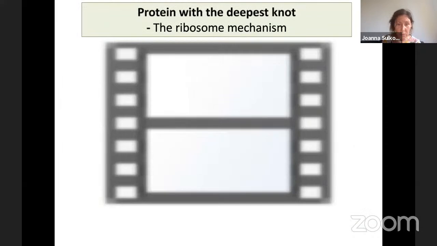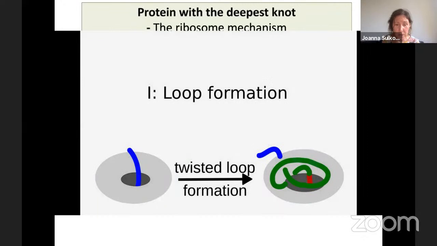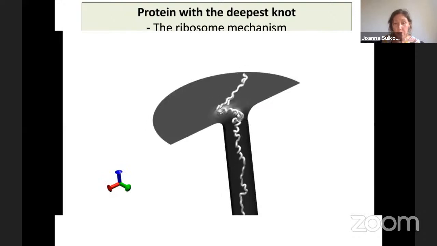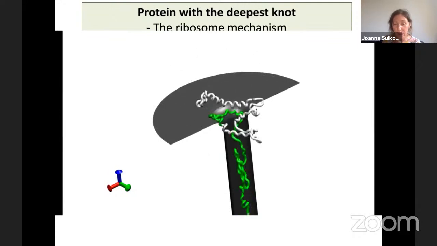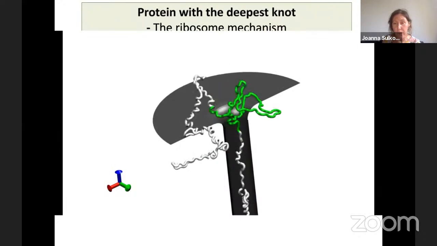And I hope, if the movie will work, yes. So this is our presentation of the model that we constructed. So first we create the ribosome, and then you can see one of the chains is going outside of the ribosome, and the blue part, the green part, is the part that is supposed to make a knot.